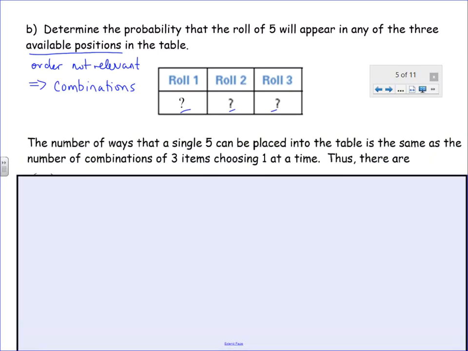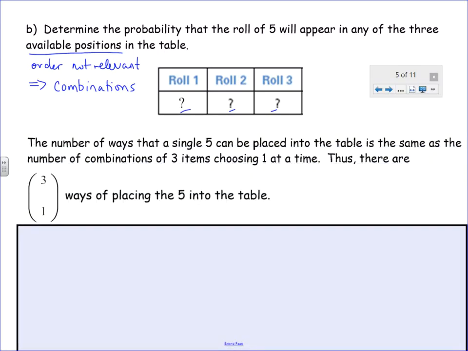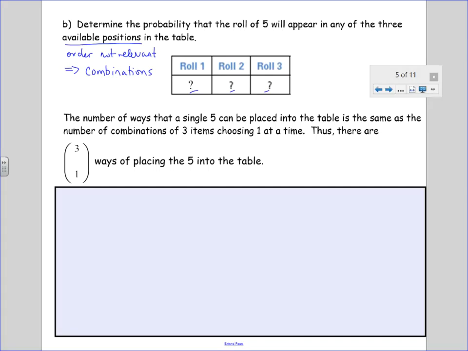Let's start here. The number of ways that a single 5 goes into the table, because of those 3 positions, those 3 rolls, is the same as the number of combinations of 3 items, choosing one at a time. So there are 3 choose 1 ways of placing the 5 in the table.